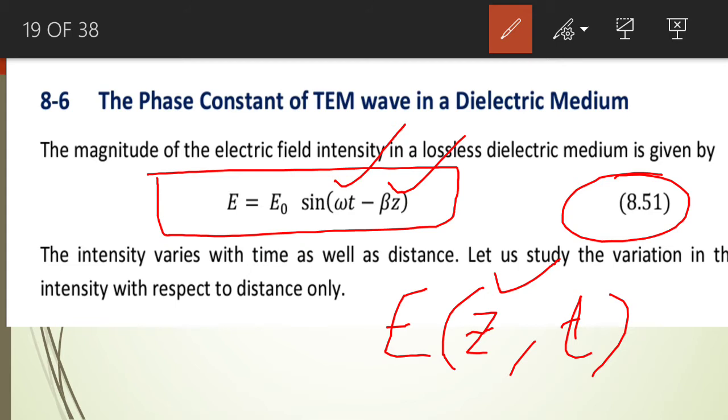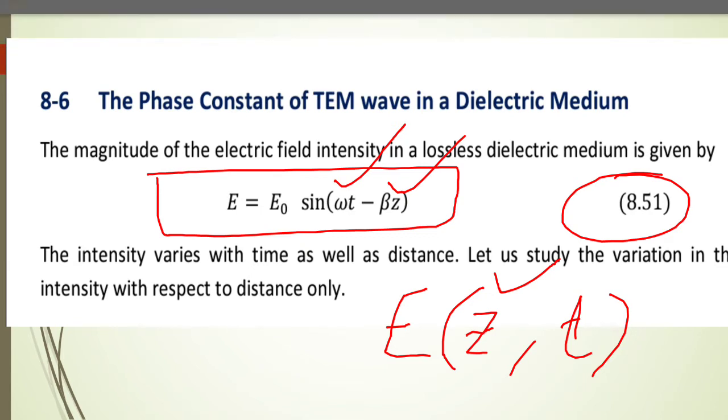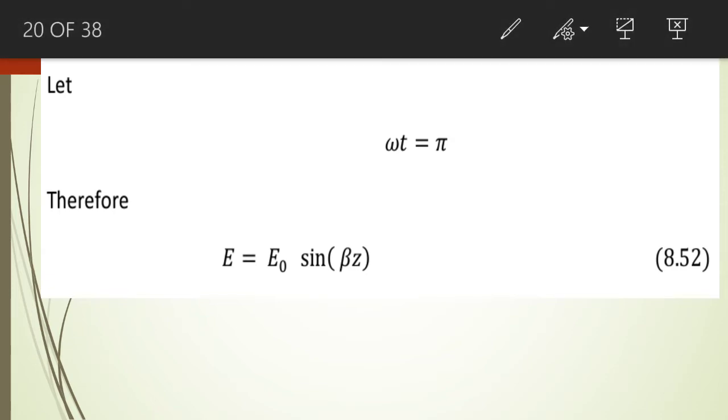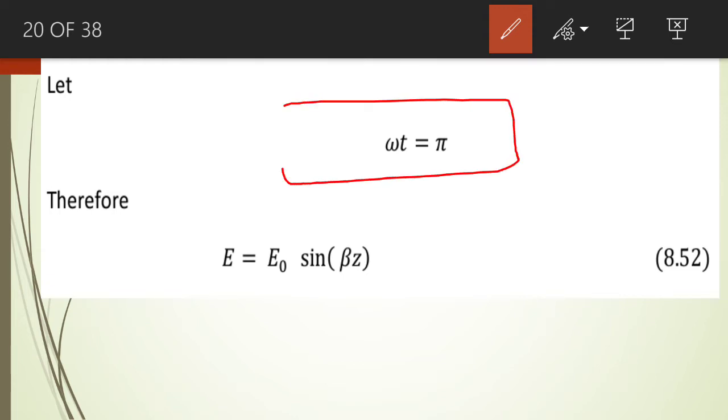So if you want to study the variation in the magnitude of the electric field intensity with respect to distance, we assume that omega t is equal to pi radian. So we replace omega t in the previous equation by pi radian.